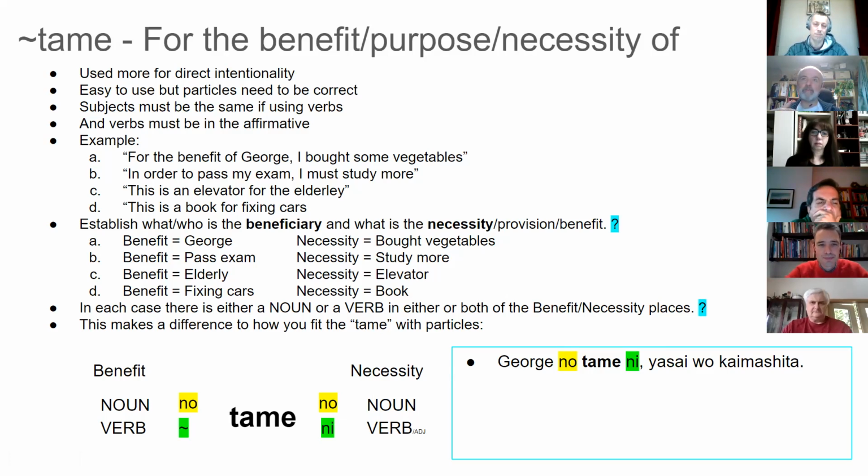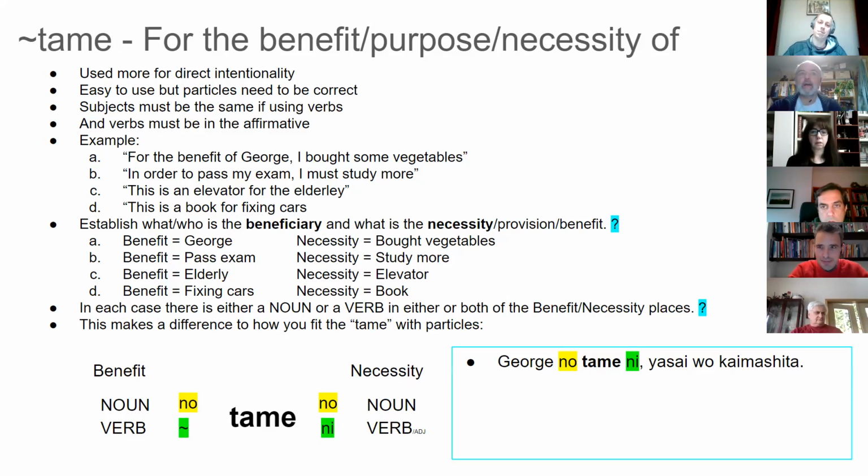So, for example, if this necessity finishes with desu or deshita, then you know that this was preceded by a noun. So this would be a noun subclause. Okay. Yeah. Thank you.